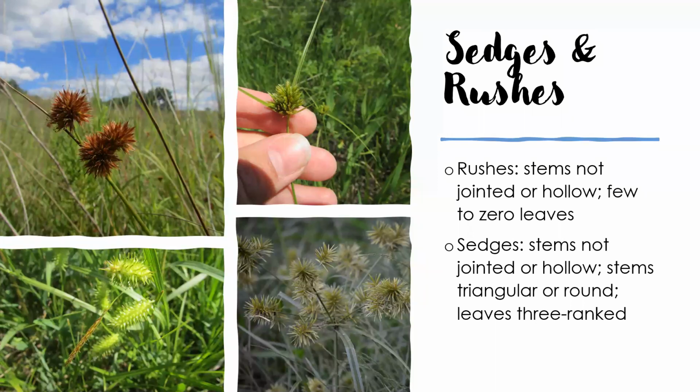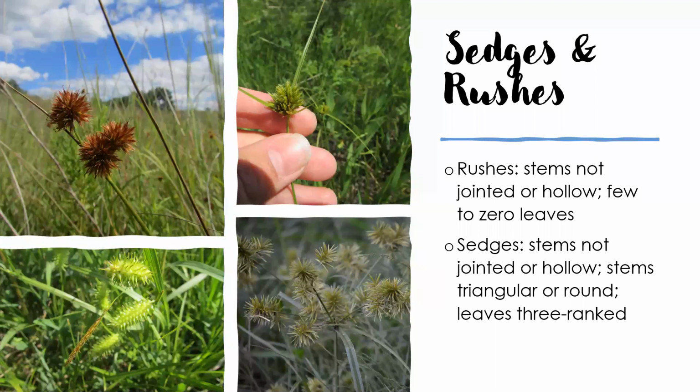So we just want to point out that there are other groups of plants that look similar, but that are not actually grasses. So how do we distinguish them? There are some more technical definitions, but we're going to try to keep it simple. So for the most part, these definitions on the slide are going to hold true. But of course, plants don't always follow the rules, so there are definitely exceptions out there.